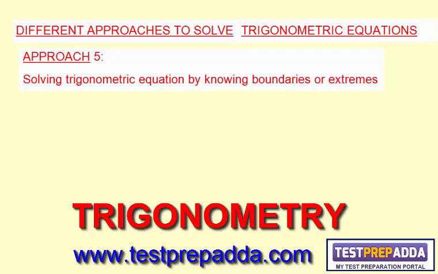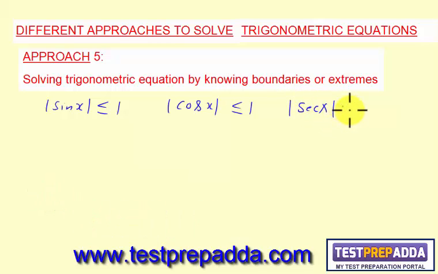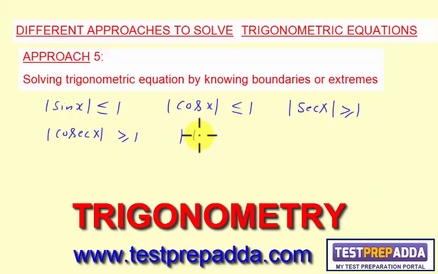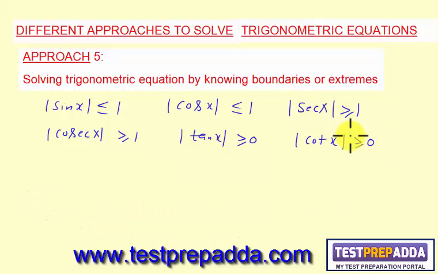So it is very important to know a few things like: mod sin x is less than or equal to 1, mod cos x is less than or equal to 1, mod sec x is greater than or equal to 1, mod cosec x is greater than or equal to 1, mod tan x is greater than or equal to 0, mod cot x is greater than or equal to 0.